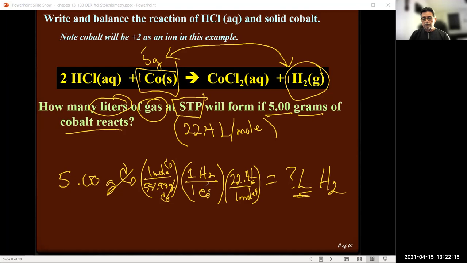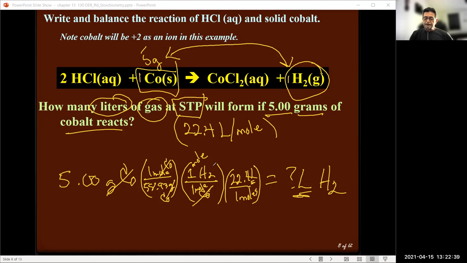Straight from the balanced chemical equation. So cobalt cancels out, leaving me with moles of hydrogen.